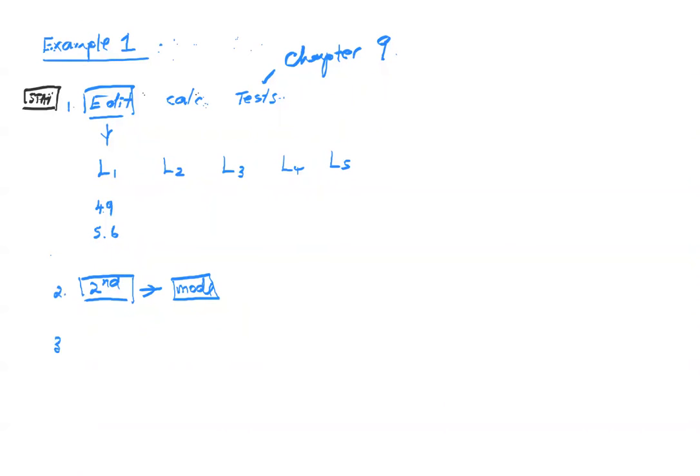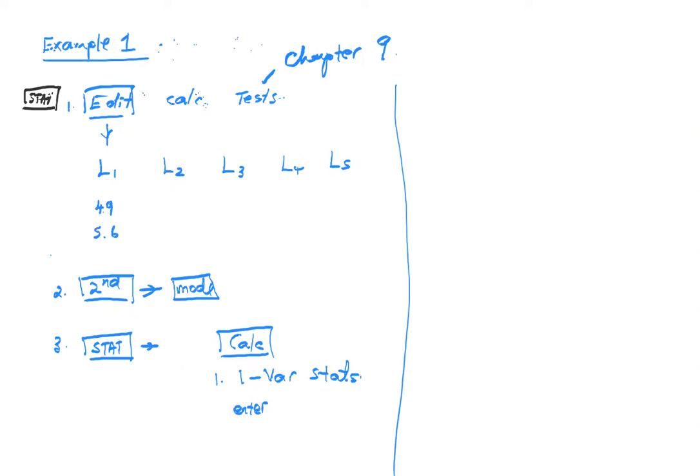Third, you go to stat again. This time you select calculate. When your cursor is at calculate, you see the number 1, you select 1-Var Stats, one variable. We are talking about one variable. Then you press enter.